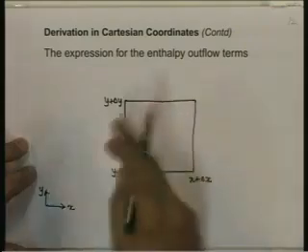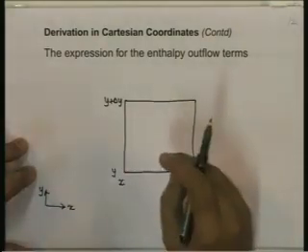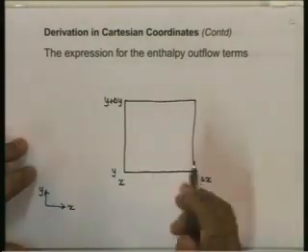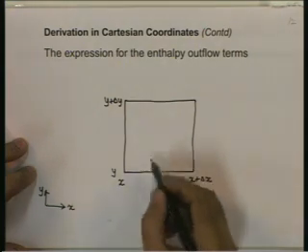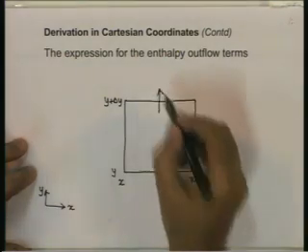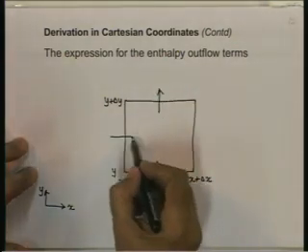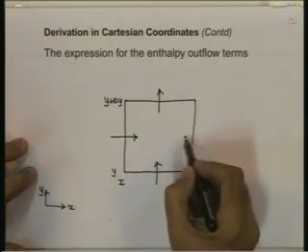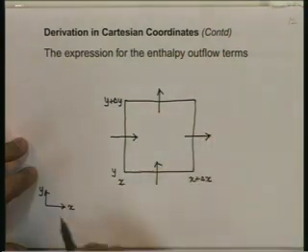Now mass flows in and out, and along with the mass, enthalpy will be convected. So there is a mass flow like this, some mass flows out like this, there is a mass inflow like this, there is a mass outflow like this.